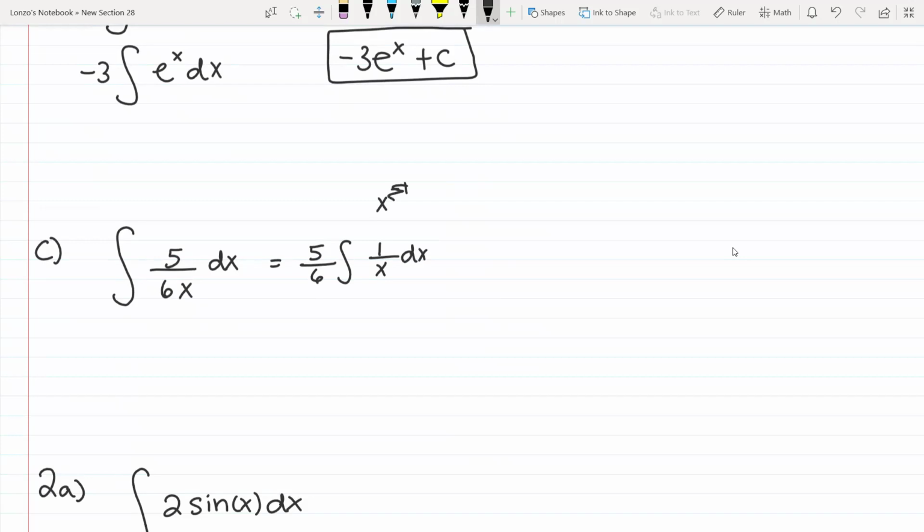Instead, if it's just 1 over x, it's going to be ln of x, or ln of the absolute value of x. Then we have this constant 5/6, and don't forget the plus c. So that's your final answer.